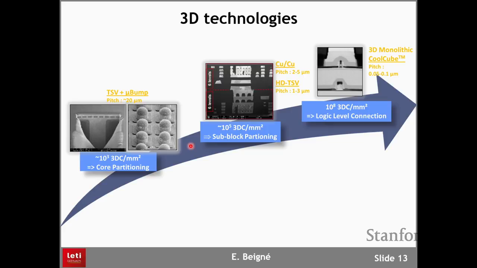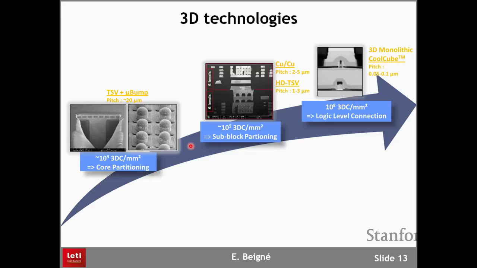Here you can have either wafer on wafer or die on wafer. So already here you are increasing the number of interconnects. In terms of partitioning of architecture, it brings you something new. It means that maybe a partitioning inside the core, so block per block, or core per block, or SRAM on logic, is more feasible.